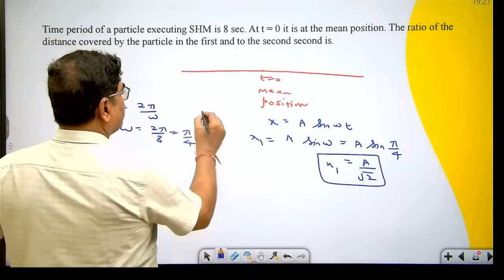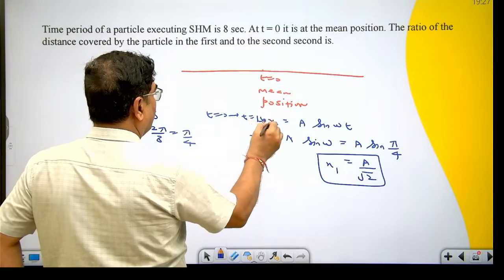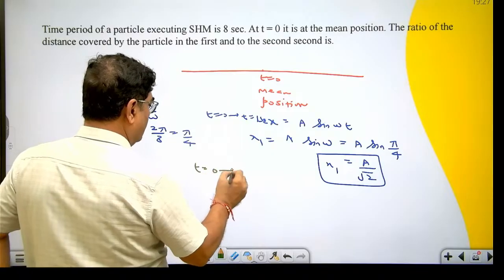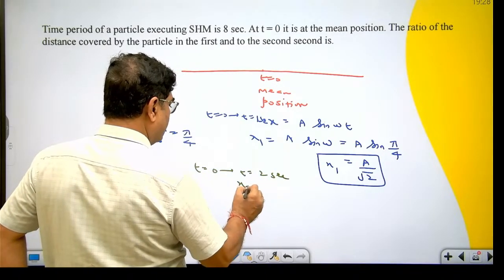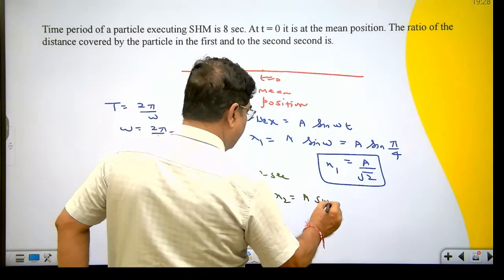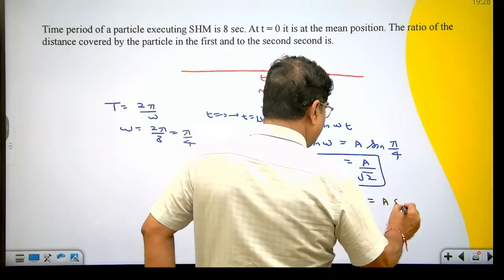Now dear, this is the distance traveled from t equal to 0 to t equal to 1 second. Now let us assume the distance traveled from t equal to 0 to t equal to 2 seconds. This is very easy. Let us assume this is x2. So x2 is how much? a sine omega into 2. So dear student, this will give us a sine omega.